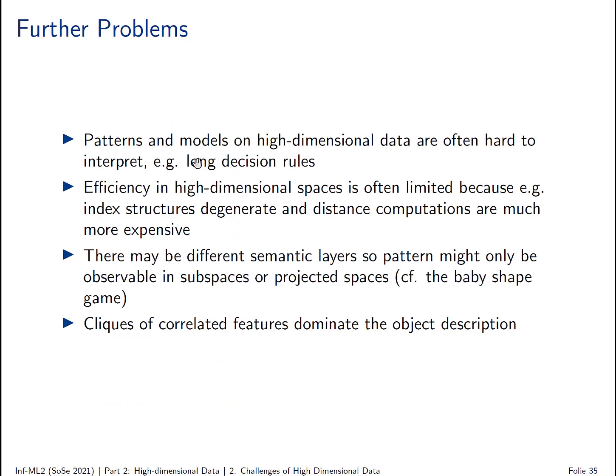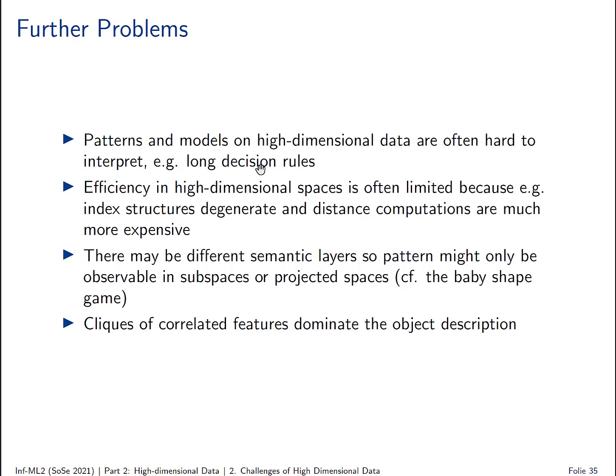Last but not least, there are some further problems we just want to mention here. Patterns and models in high dimensional data are often hard to interpret, especially if we have long decision rules, because we have a lot of dimensions and features. Long decision rules mean that the interpretation is of course a little less easy than if they are small and, kurz und knackig, in German.